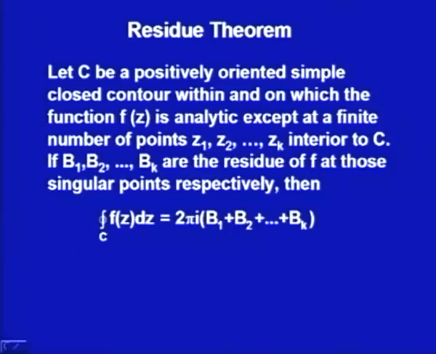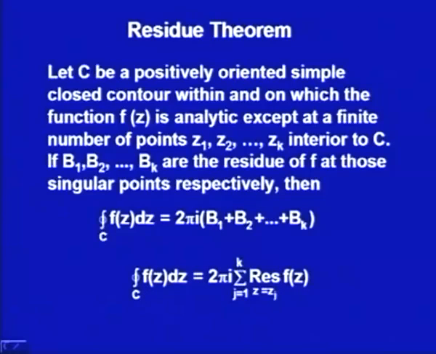In other words, if the function f(z) is analytic on the simple closed contour C, and it has a finite number of isolated singularities interior to C, then the integral of that function along that contour C is 2 pi i times the summation of residues of the function f(z) at those isolated singularities.